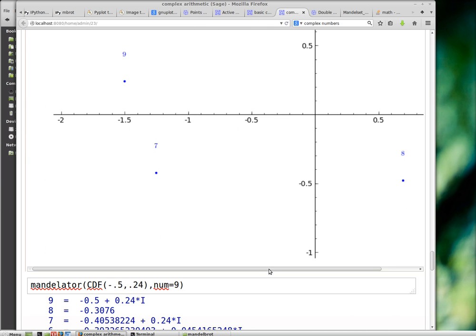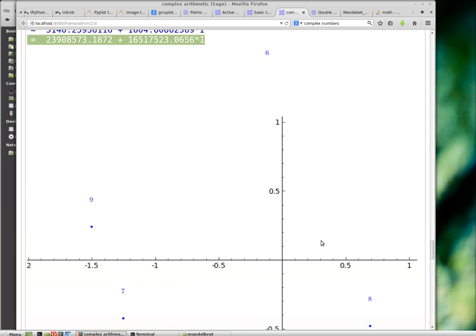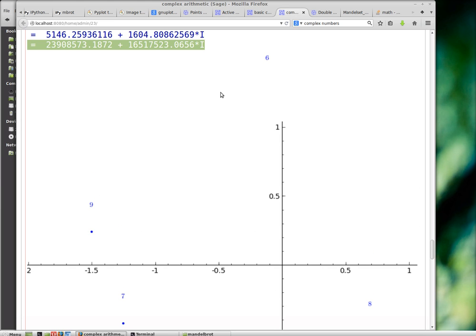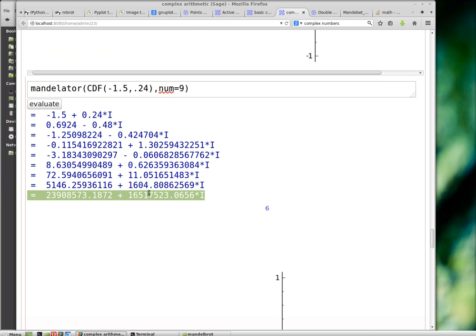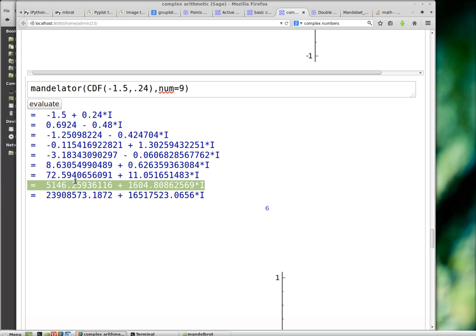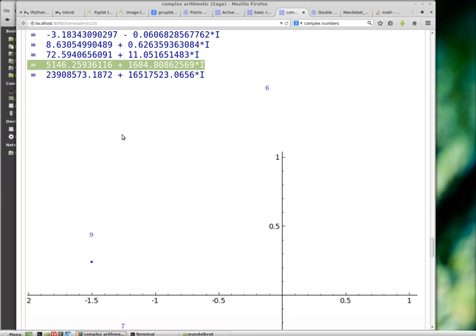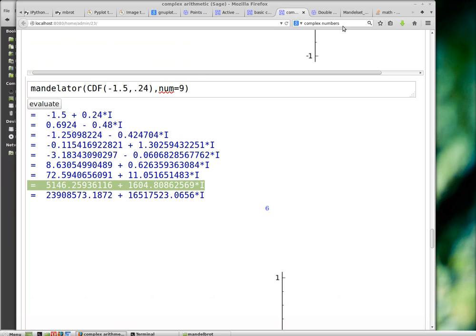Where is 9? Is 9 in this picture? Yeah, here's 9. So it starts here, and then it goes here, and then it goes here, and then it goes here, and then it goes off the screen. And it goes far away and does these things. So this point is not in the Mandelbrot set. And you can see from the picture also that it's not in the Mandelbrot set.